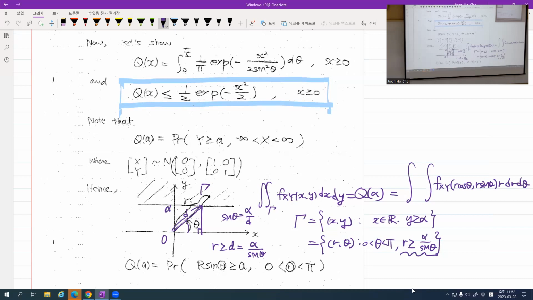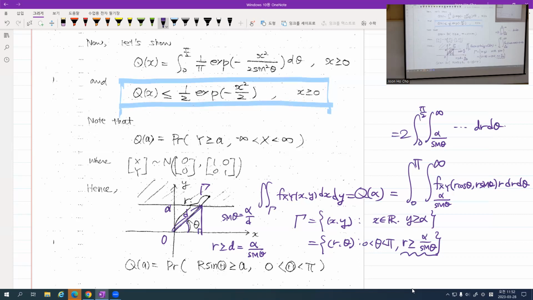And r ranges from alpha divided by sine theta to infinity, and theta ranges from 0 to pi. You can also reduce the integration interval for theta to 0 to pi over 2 and put 2 here. So 2 times the integral from 0 to pi over 2, of alpha divided by sine theta to infinity, blah, blah, blah, dr d theta.